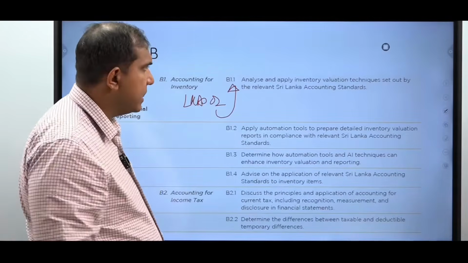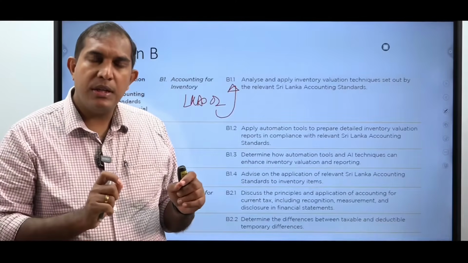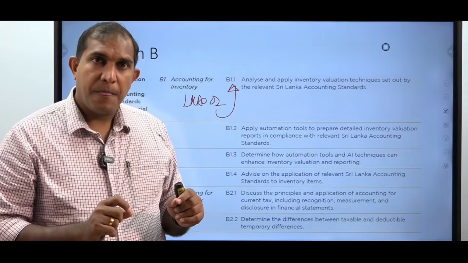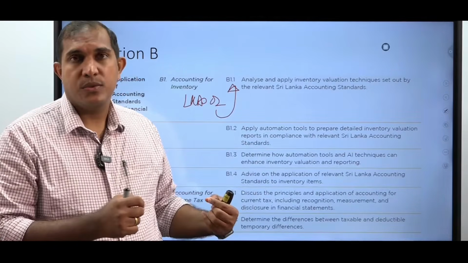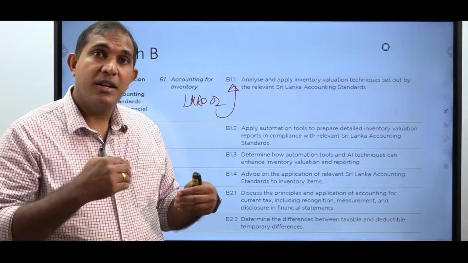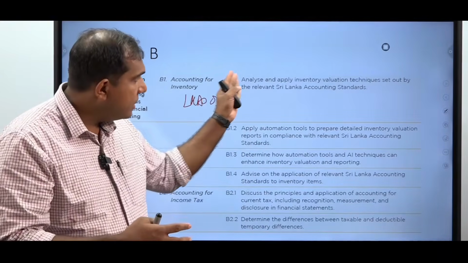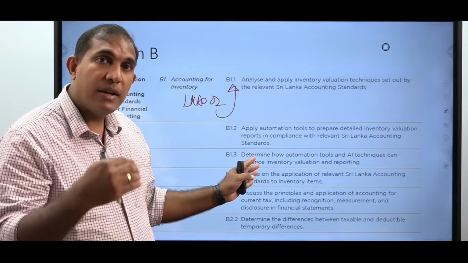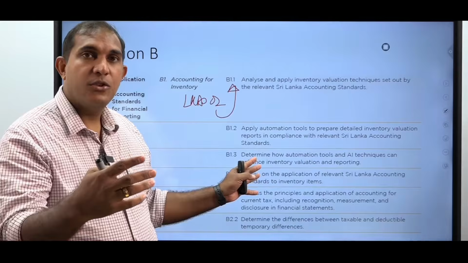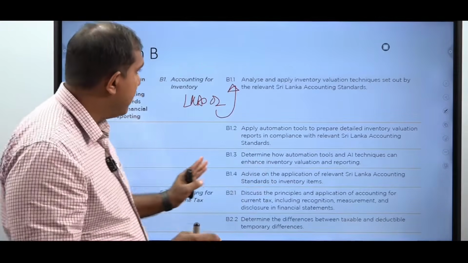At the end of such sessions, you should be aware that you have achieved these learning objectives. So we will be covering the content to cover these learning objectives. You need to ensure that you have achieved those learning objectives. That's your responsibility.